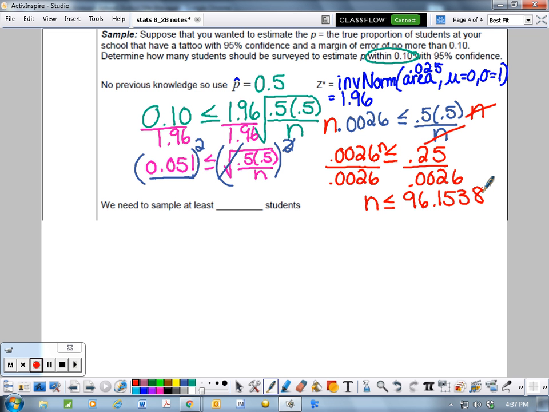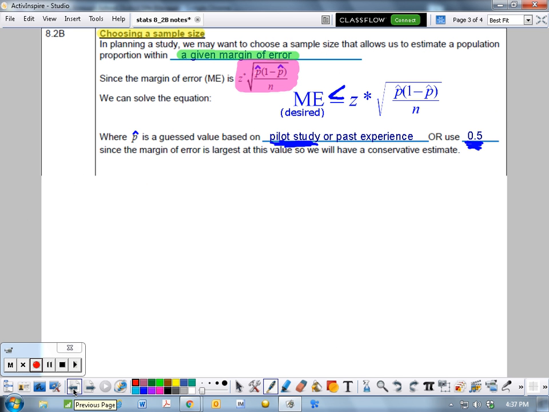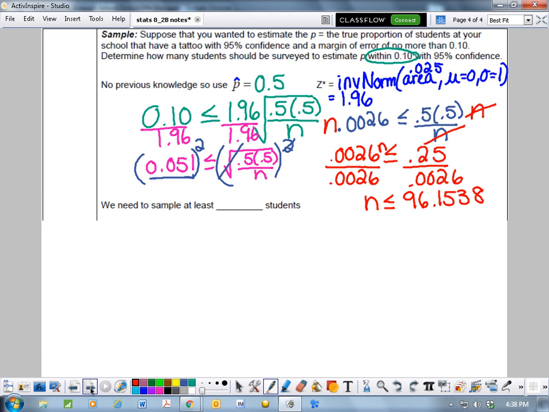And actually, it's supposed to be greater than or equal to, so what happened here? Did I mess that up? Usually this should be greater than or equal to.